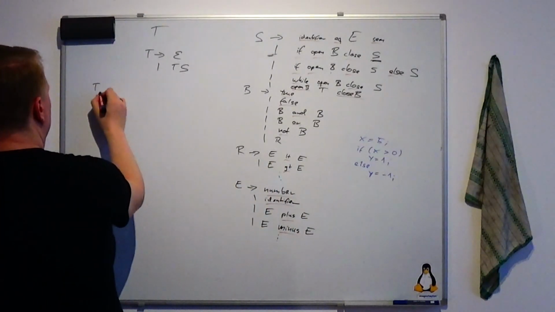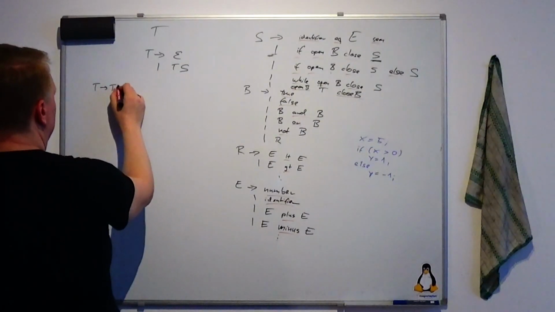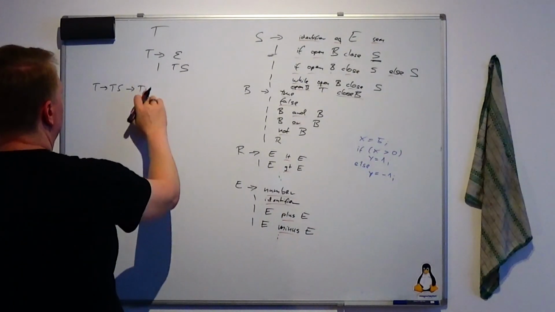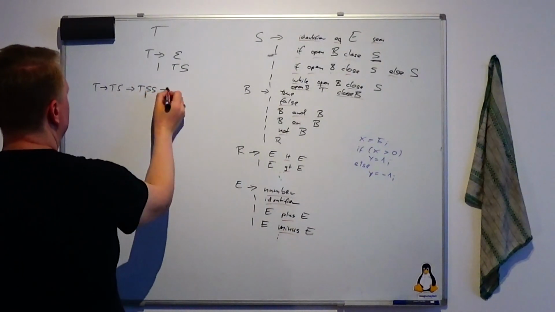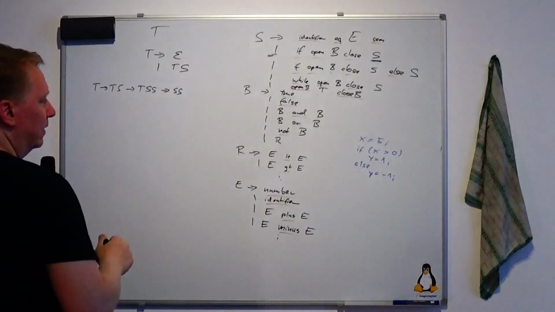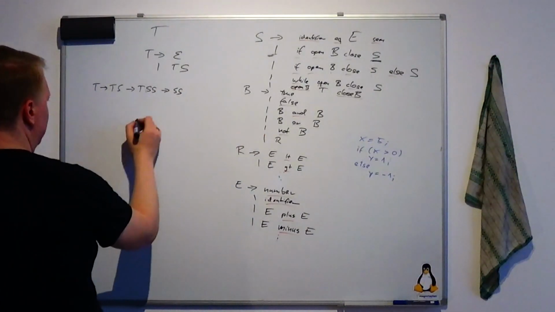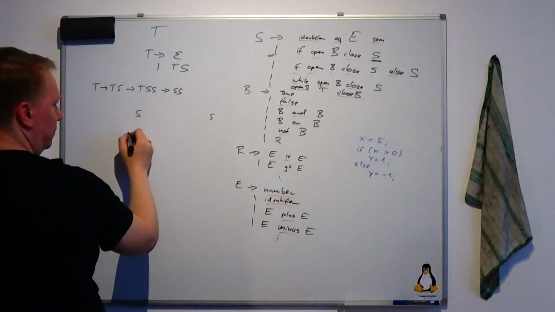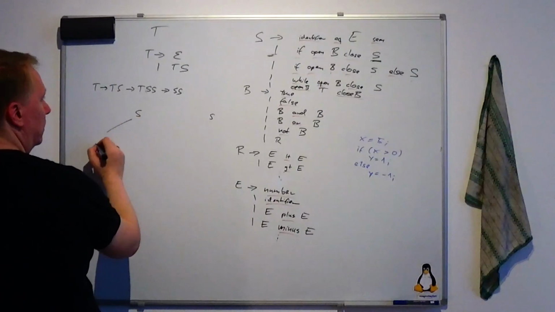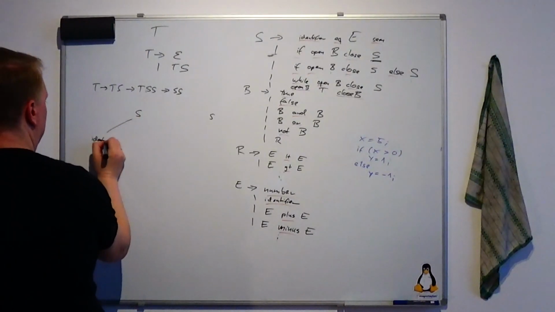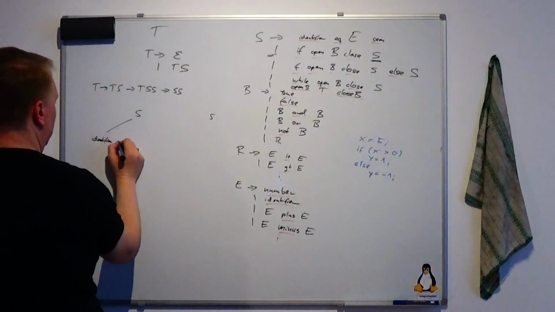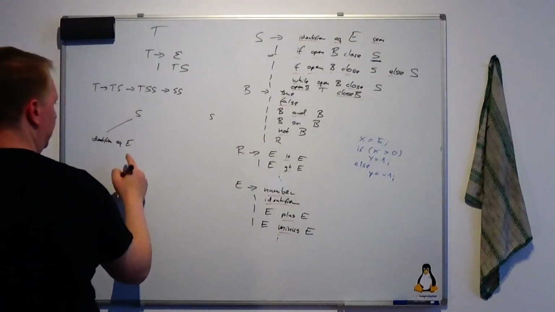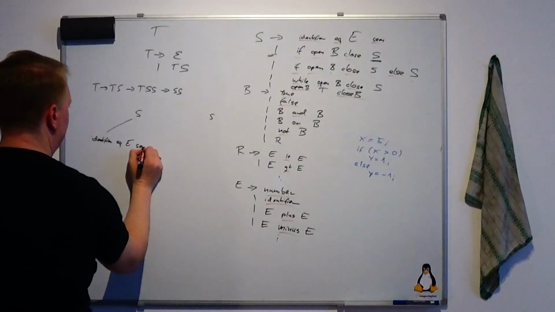Again, T goes to TS, TSS, SS, and now this SS would go to identifier equals an expression, semicolon.